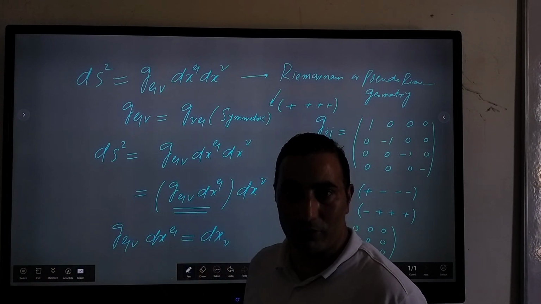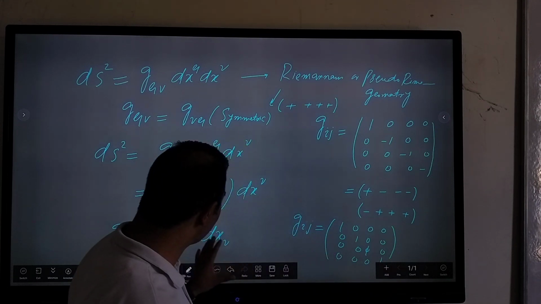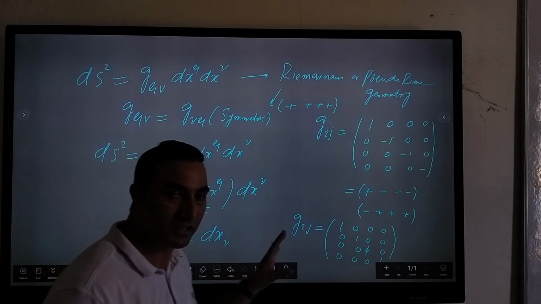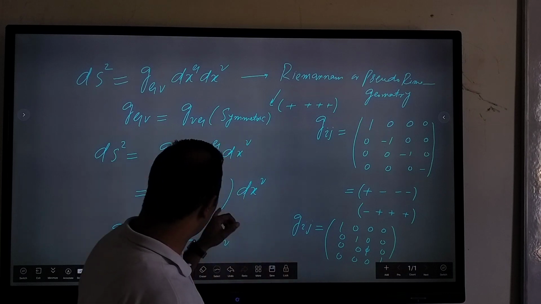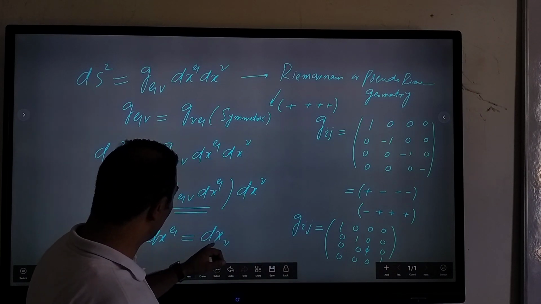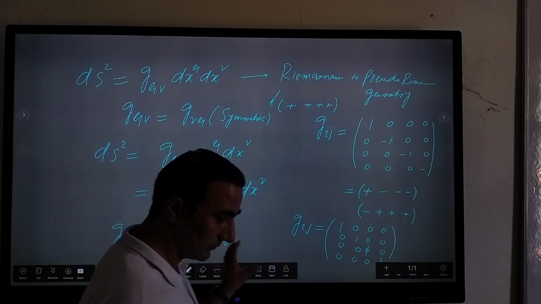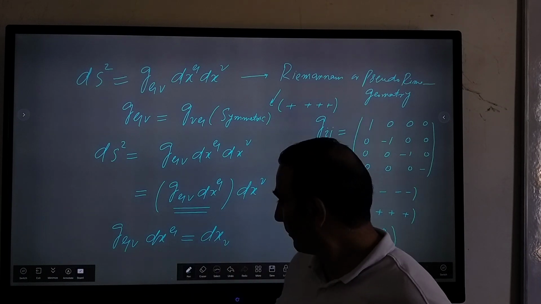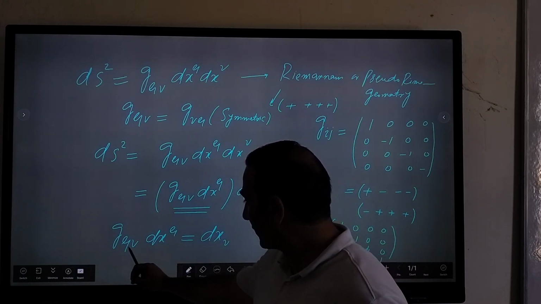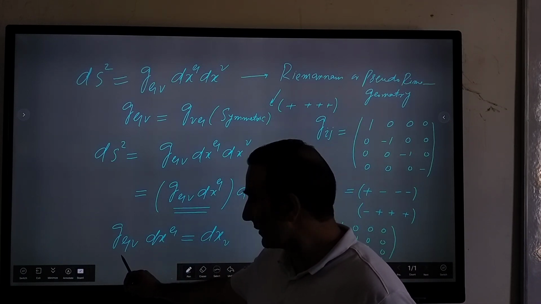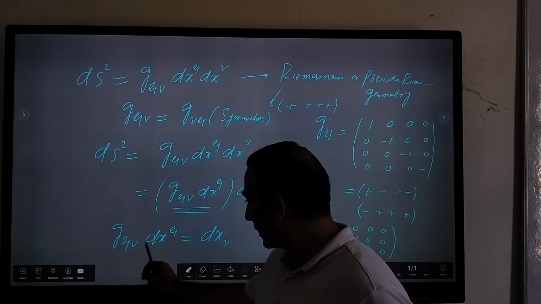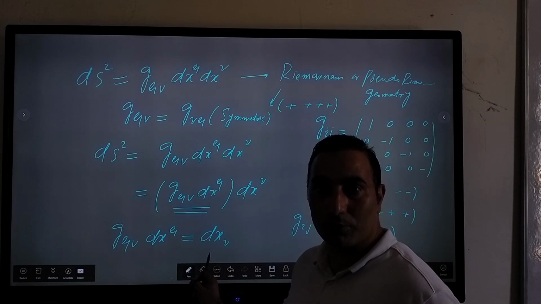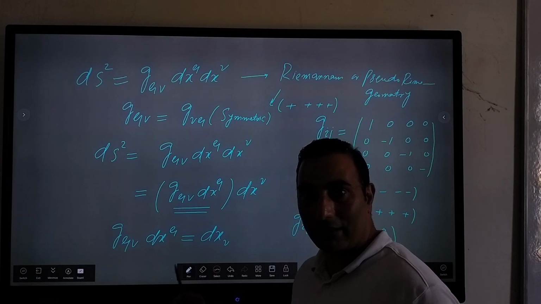So that means dx_nu is g_mu_nu dx^mu, because mu and mu contract, so you will get dx_nu, right? So what does that indicate? If you have some superscript here, we can calculate that through this matrix, right? Because you are taking the product with the matrix element, you will get the subscript of that index, right?